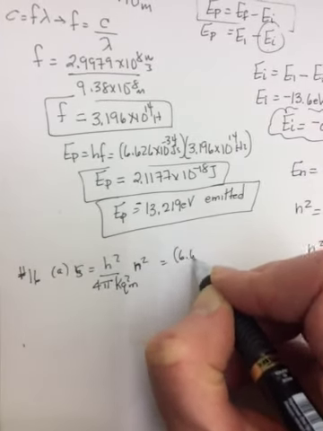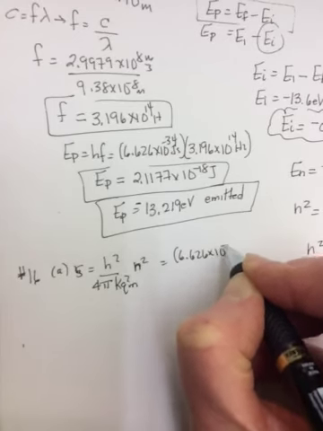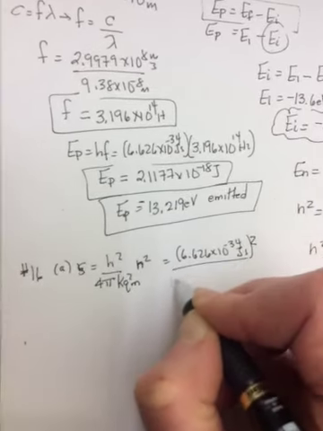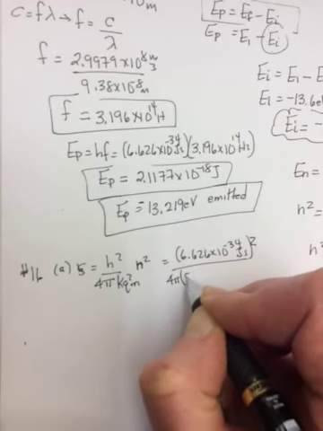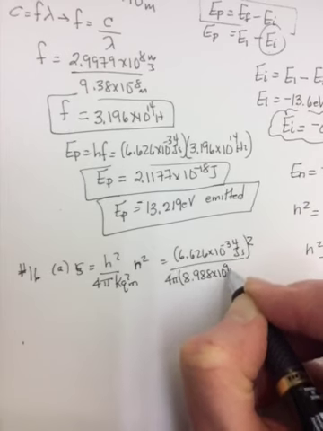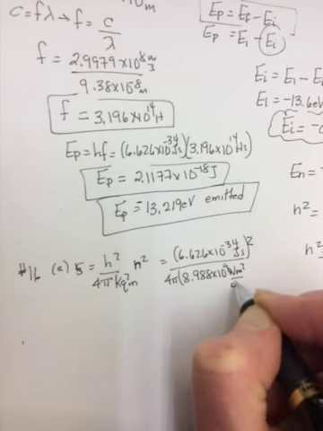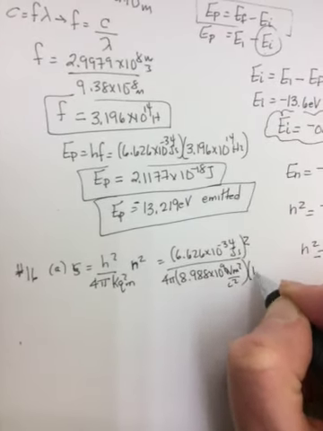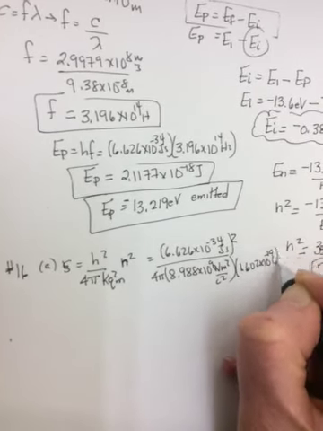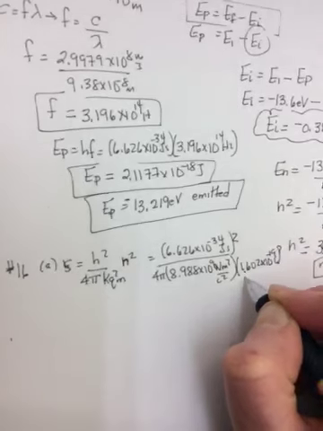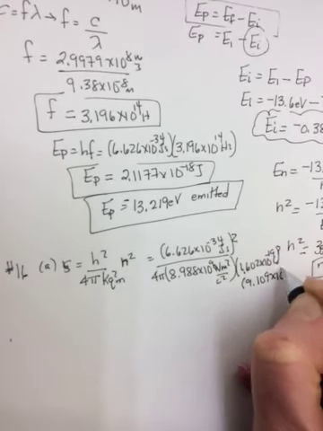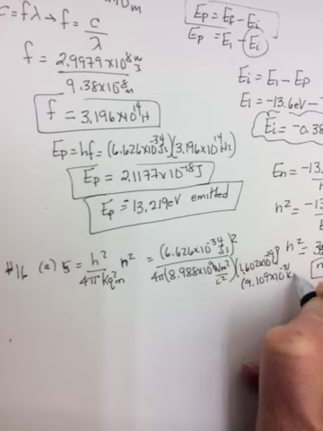So 6.626 times 10 to the negative 34 joule seconds squared over 4 pi squared times 8.988 times 10 to the 9th newton meter squared per coulomb squared, times 1.602 times 10 to the negative 19 coulombs squared, and then times 9.109 times 10 to the negative 31 kilograms.